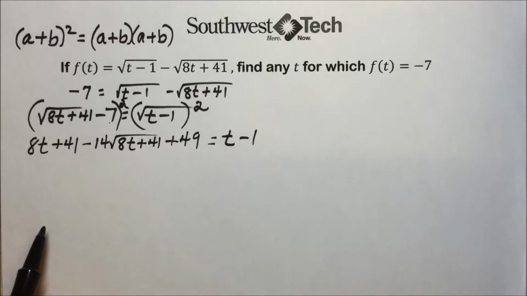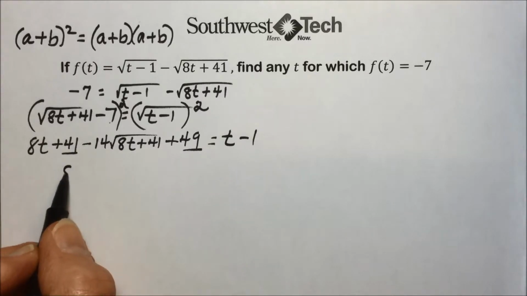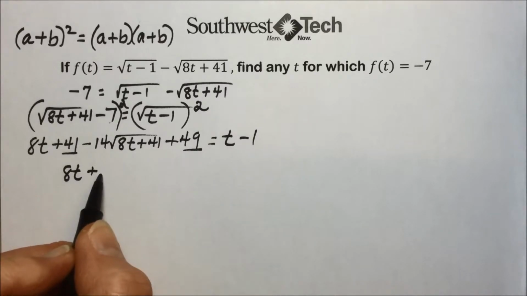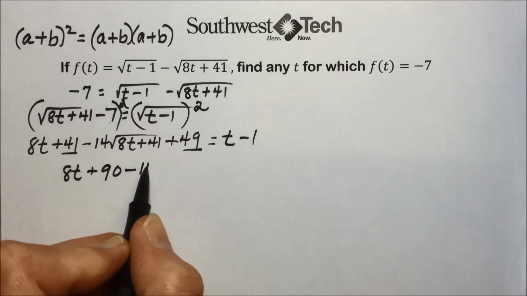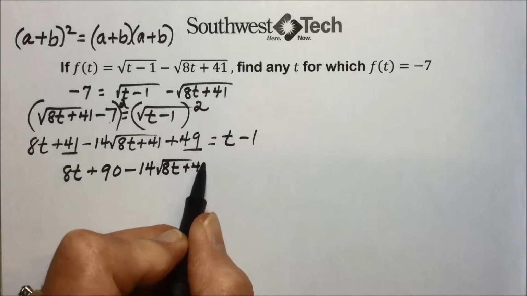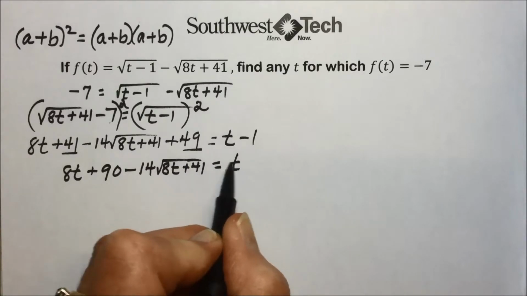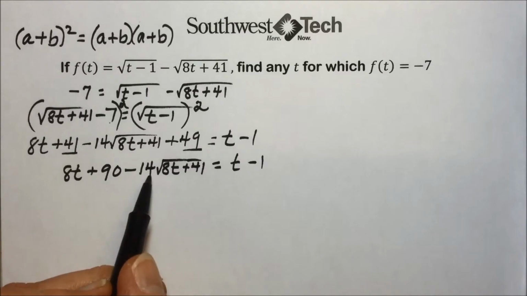Next, I want to get like terms together, but we need to simplify first. On the left, we can combine the 41 and the 49 to give us a 90. And there are no other similar terms here. If we still have a radical in our equation, we want to perform the first steps again. We want to isolate this radical.